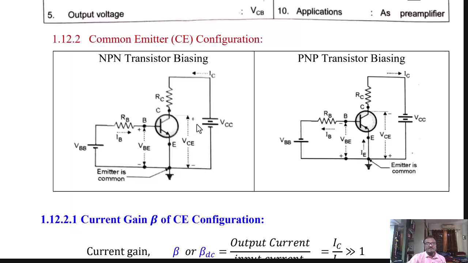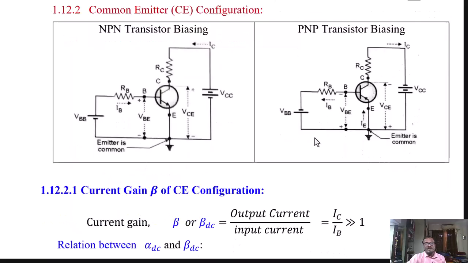Whereas in the collector circuit, the collector to emitter voltage VCE is the output voltage and collector current is the output current. This collector current will be established by the biasing supply VCC and the corresponding value of RC. Since the emitter is common in this configuration, it is called common emitter configuration.